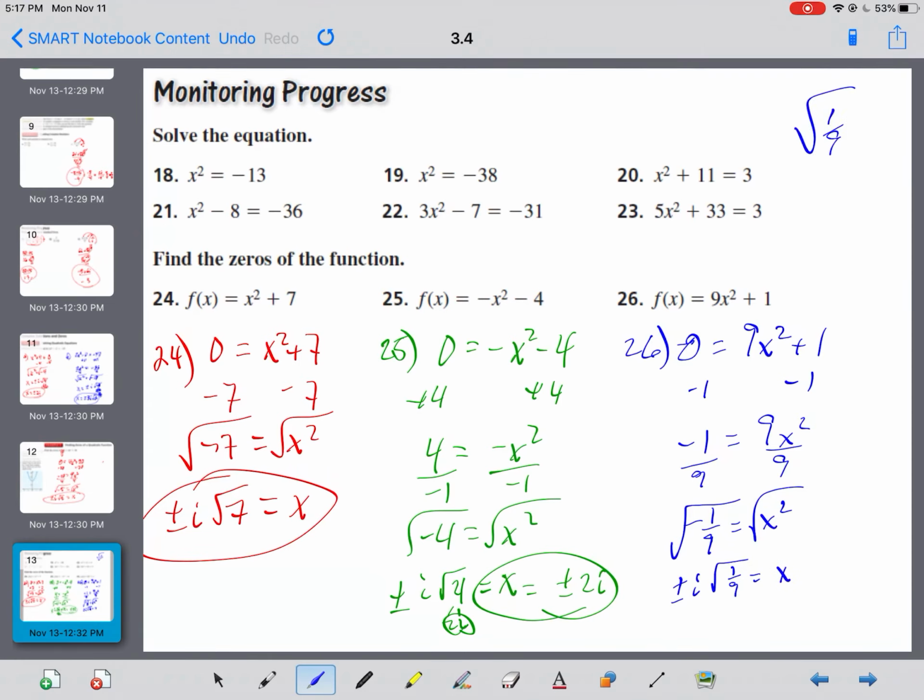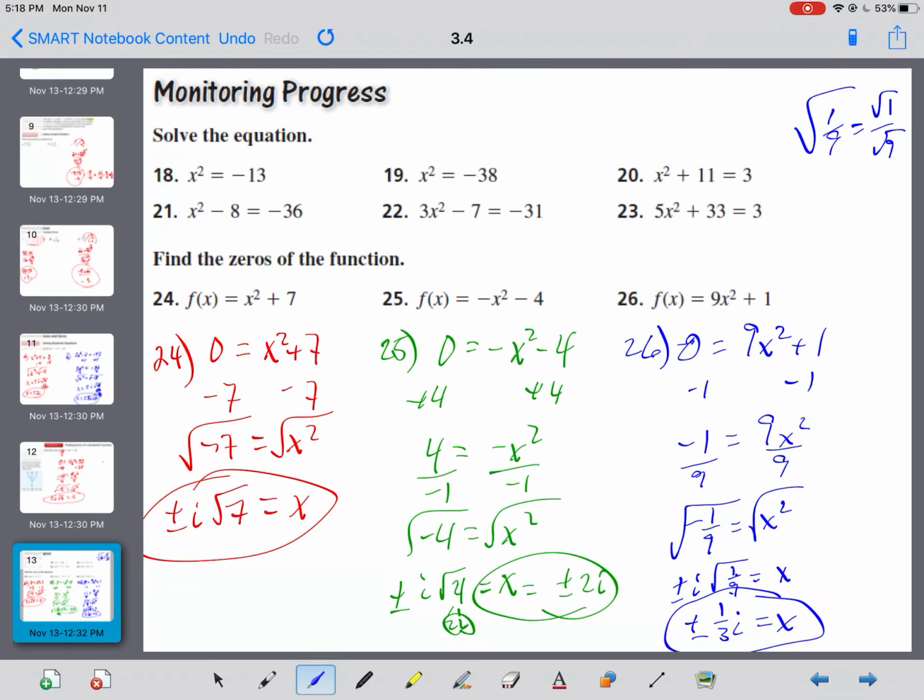The square root of 1/9 is the square root of 1 over the square root of 9. Square root of 1 is 1, square root of 9 is 3. So plus or minus 1/3 i. That's it. 1 comes out, 3 comes out, boom, boom. That's all there is to the i's.